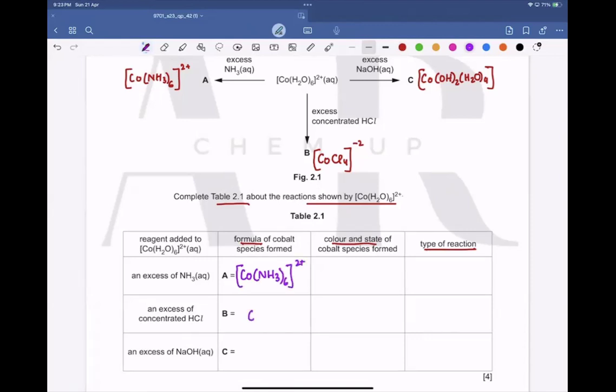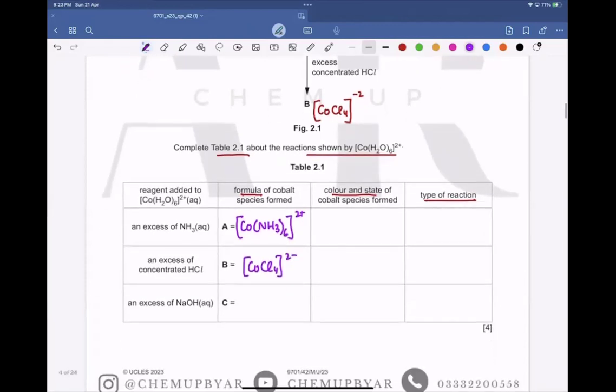In with HCl, the complex ion is CoCl4 with a 2 negative charge, and with sodium hydroxide, the complex ion has 2 hydroxide and 4 water molecules as ligands.